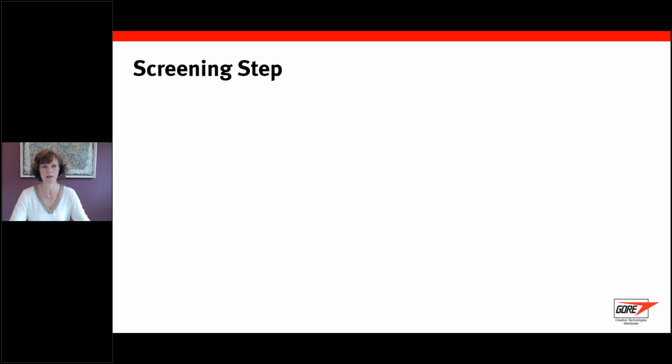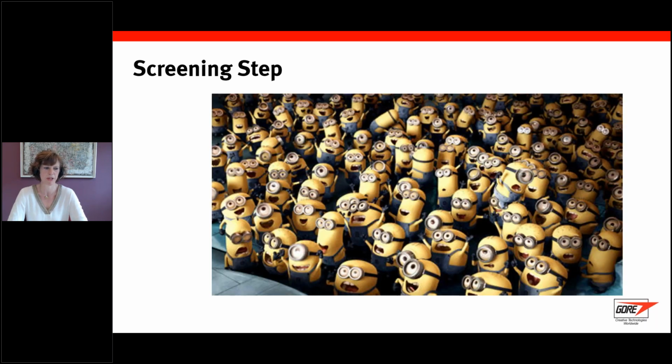And the screening step, the first one, if you're new to DOE, you can imagine, let's say, each of those minions represents one factor: temperature, speed, pressure, heat, whatever. And you have so many of them. Your process is complex, way more than you could ever treat in experimentation.